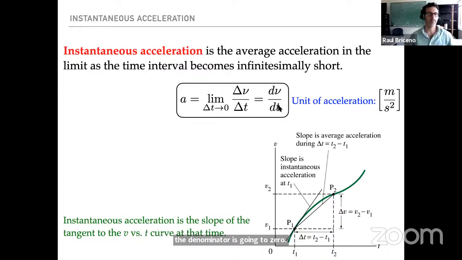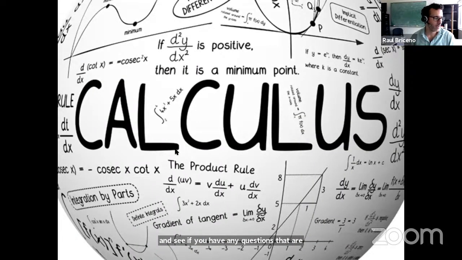That is nothing more than dv over dt, the derivative of velocity with respect to time. Good. Are there any questions about this so far? This might be a review for some of you, but it might be really new for some of you. So feel free to shout out if anything is unclear.